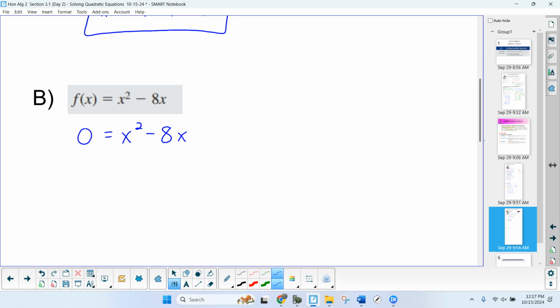Yes. What is it? X. Do you guys see that? Everybody gets to this problem and says, I have no idea what to do. It's not a difference of squares. 8's not a perfect square. So you're just going to factor out. You have a GCF. It's X. So Paige, when you factor out X, what do you have left? X minus 8. Okay. Did you factor it fully?